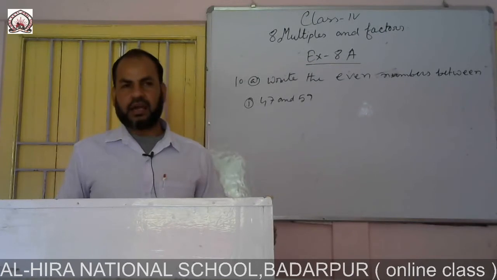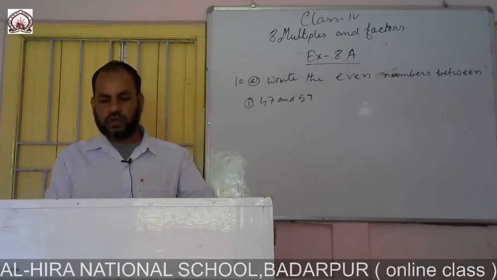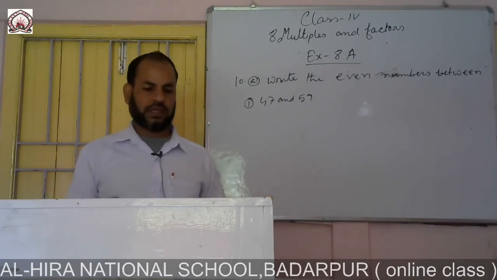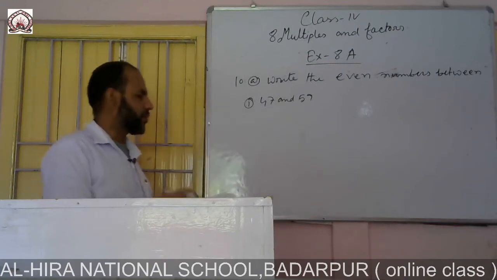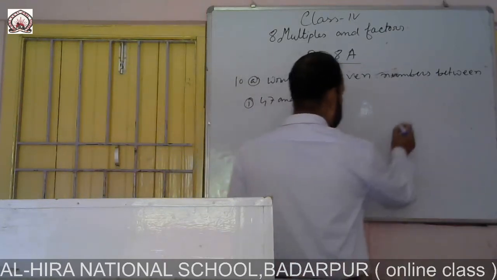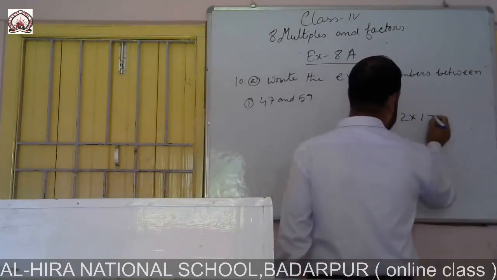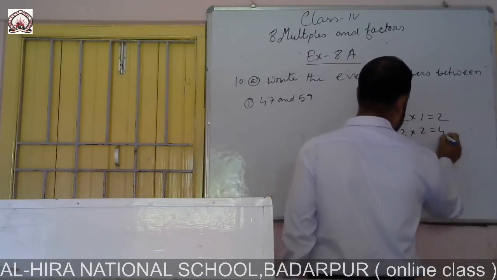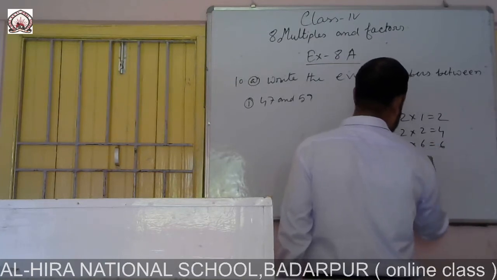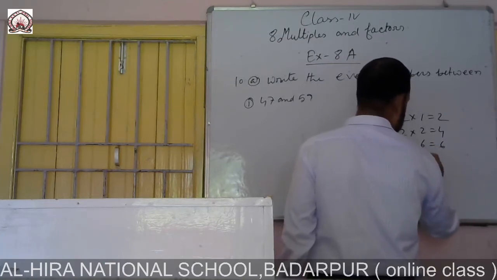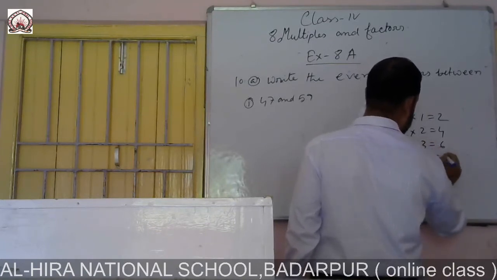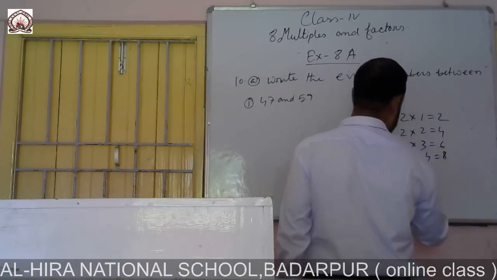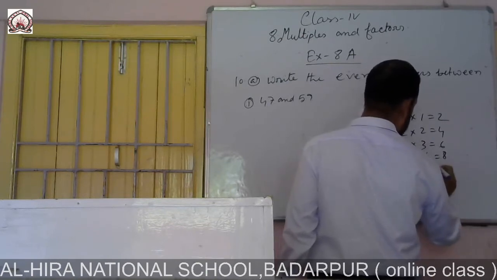Numbers that are multiples of 2 are even numbers. Suppose 2, 1 is 2, 2 2s are 4, 2 3s are 6, 2 4s are 8, 2 5s are 10.